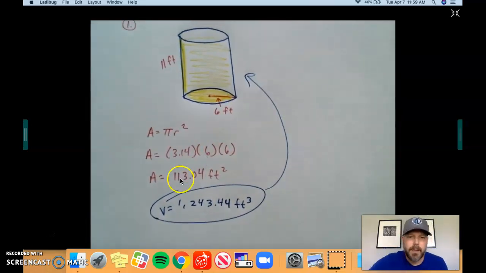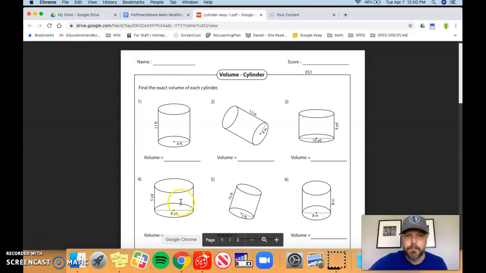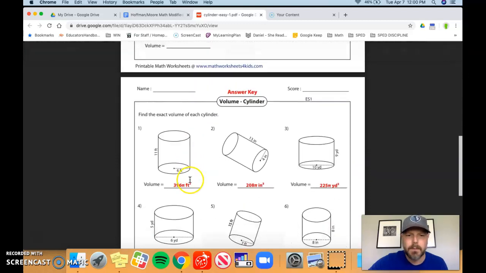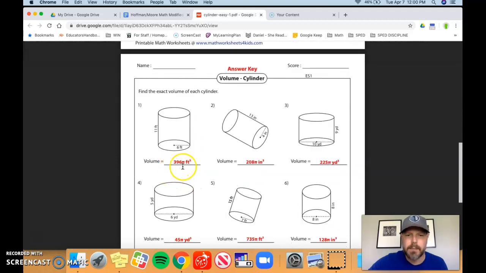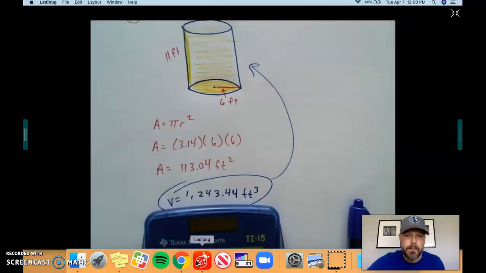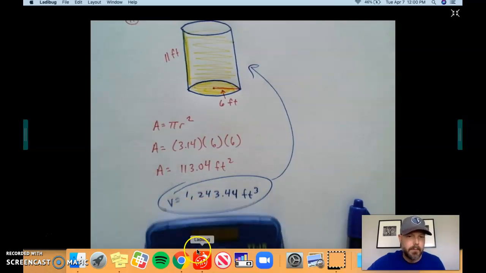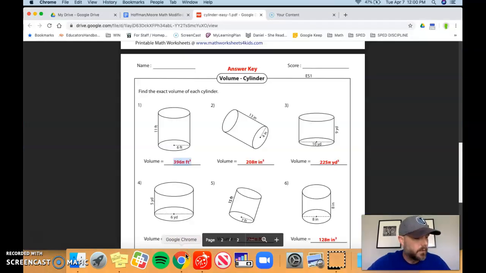Now, if you remember at the beginning, I told you the answers on this worksheet are a little different. Let me show you what I mean. Here, it says the answer is 396 times pi feet cubed. So really what this is, is their height times radius squared, and they just don't multiply it by pi, they show it. And let me show you why this answer right here is the same, okay? And this is how you can check your work too.